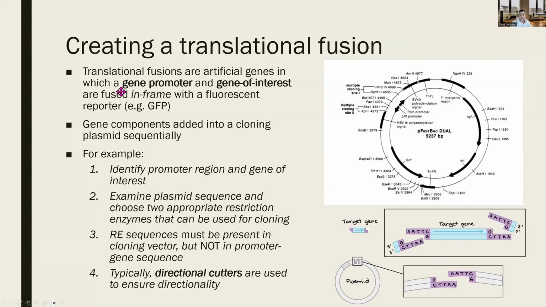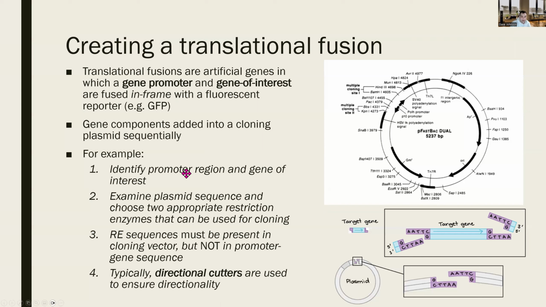So if we were interested in understanding where protein A is expressed, or when protein A is expressed, we would just take the promoter for gene A and fuse it to GFP. But if we actually want to know where protein A within the cell is expressed, then we need to take the gene promoter and the coding region, the actual gene for protein A, and then fuse both of those to GFP. This is what's called a translational fusion.